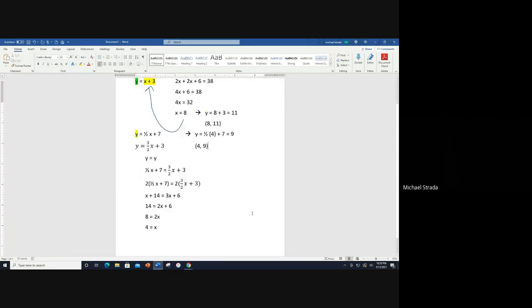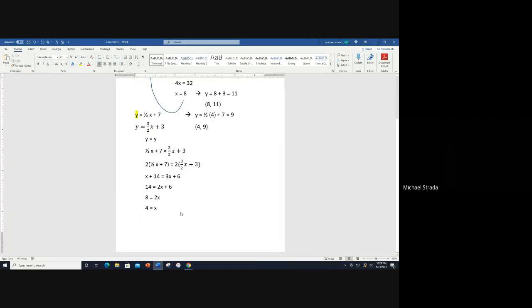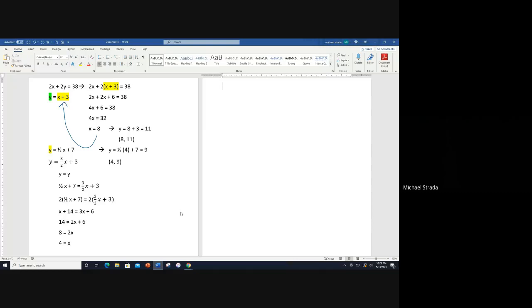The second one we've got is elimination. And with elimination, literally, you're trying to cancel the variables. If we're looking at two equations in what we call standard form, so let's say 3x minus 2y equals 0, and then 4x plus 2y equals 14.